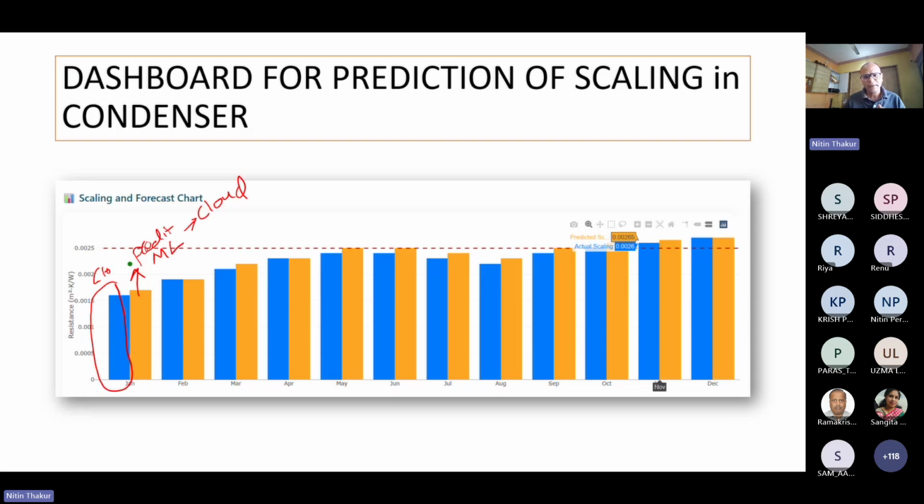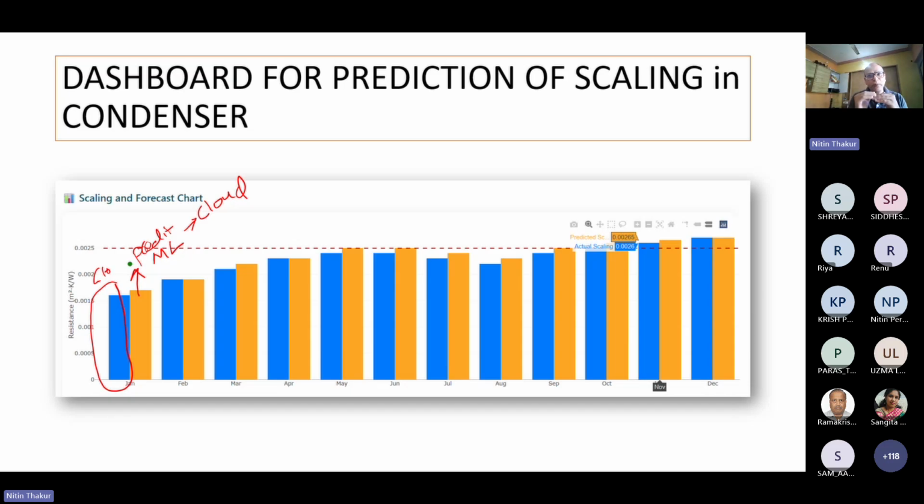One part I missed is he also defines the threshold value, that if the scaling is more than 60%, then send an email or trigger an SMS to the concerned manager so that he can take actions accordingly.